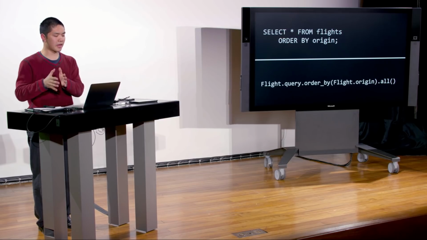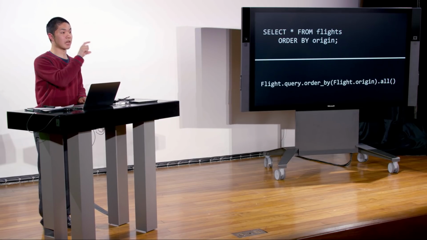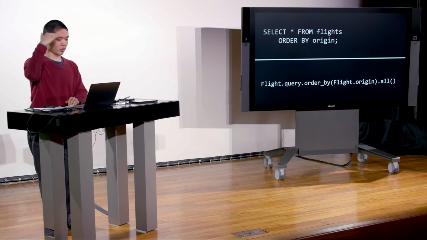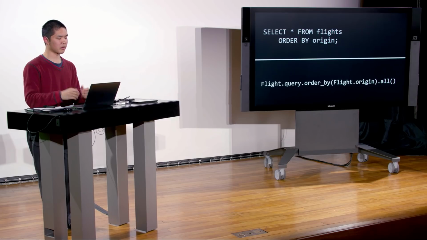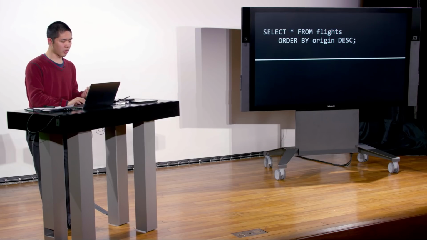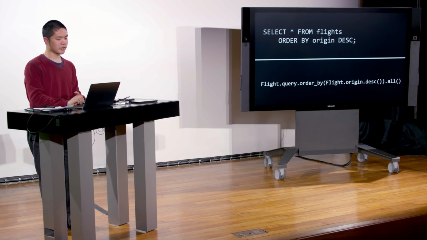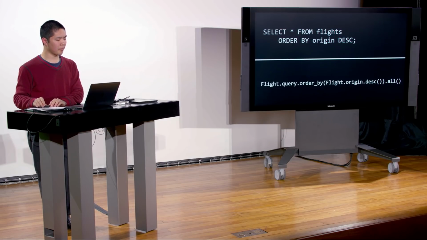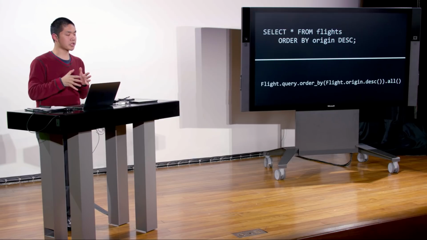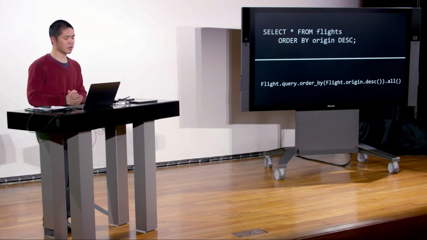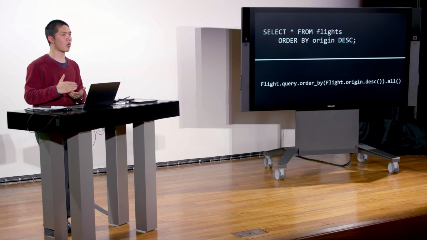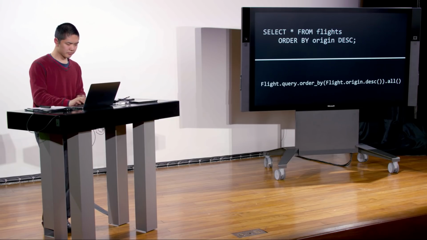So in this case, Flight.query.order_by(Flight.origin) says query from the flights table, sort them by the origin column of the flights table, and get me back all of the results. If we wanted it in reverse order, origin descending, we would just add the .desc() syntax for descending into there as well. And so order_by(Flight.origin.desc()) is going to query for all the flights, and we'll get back a list in reverse alphabetical order by their origin.